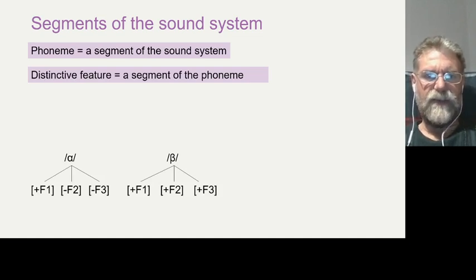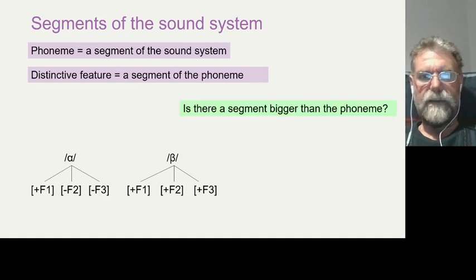A distinctive feature can be looked at as a sort of segment of the phoneme, and phonemes are bundles of distinctive features. These features come in binary values. They can be plus something or minus something, and a collection of those features and their values make up individual phonemes. So is there something bigger than the phoneme?